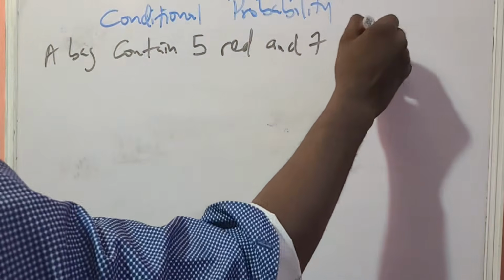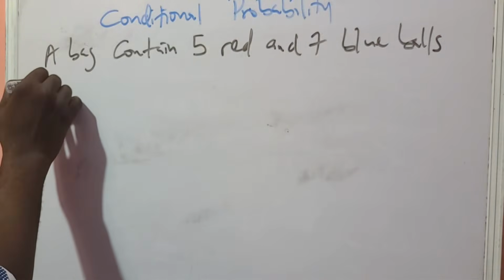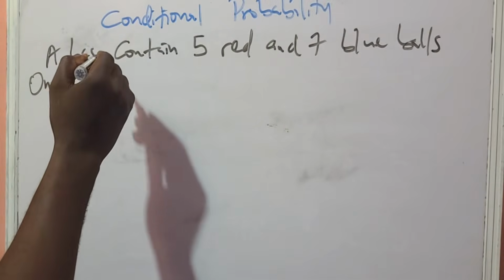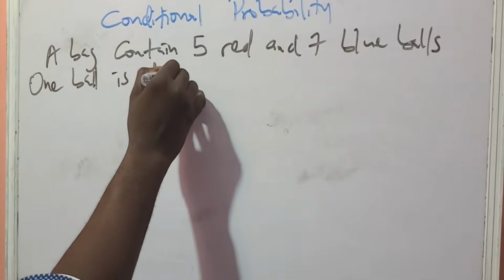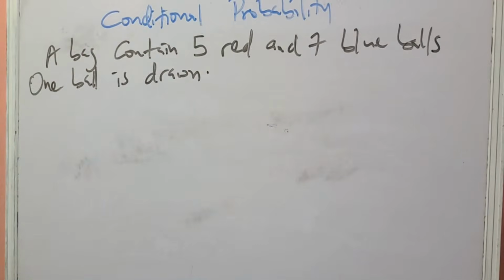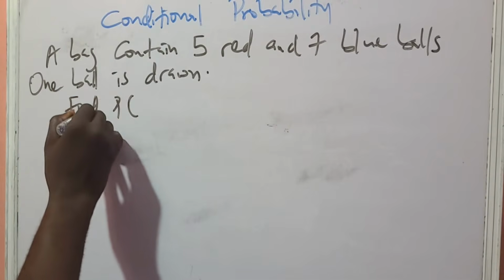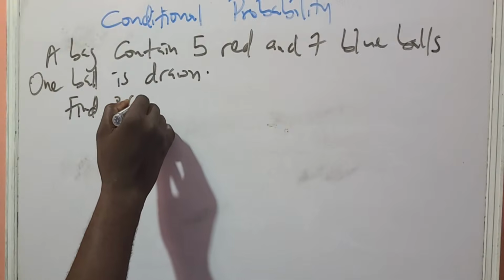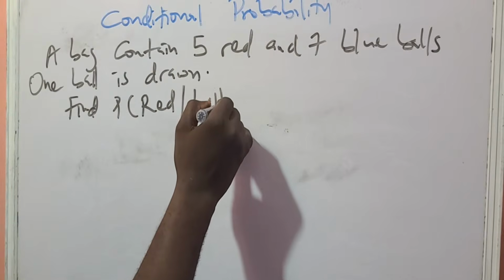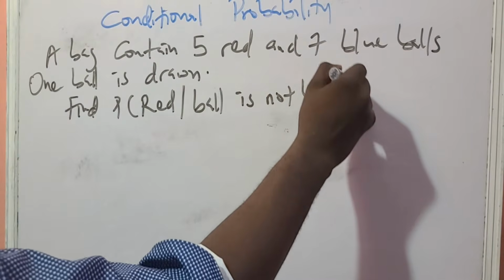One ball is drawn. Now the question is, find the probability of red given the ball is not blue.